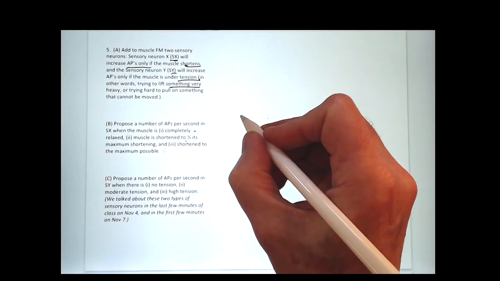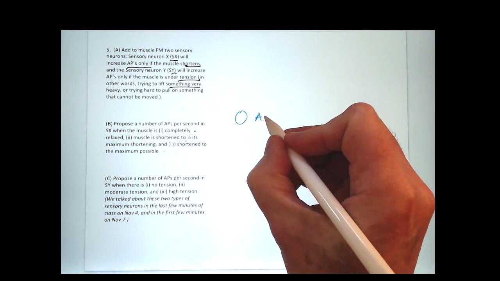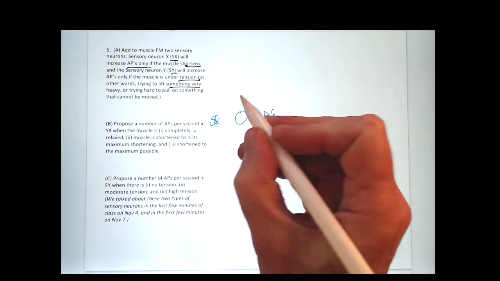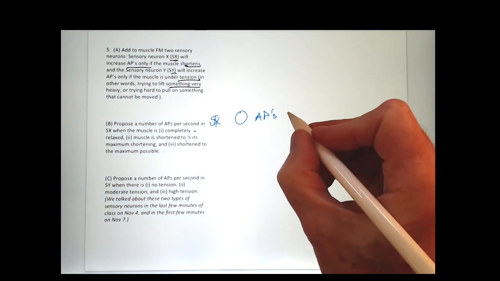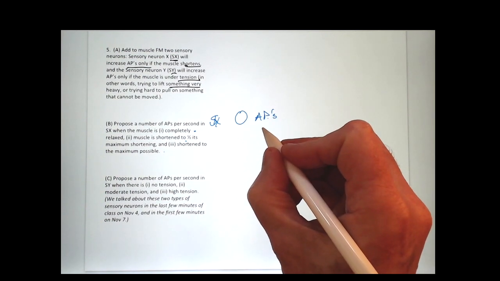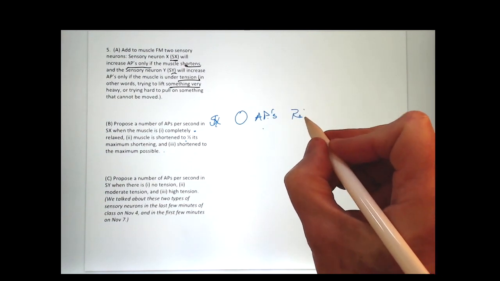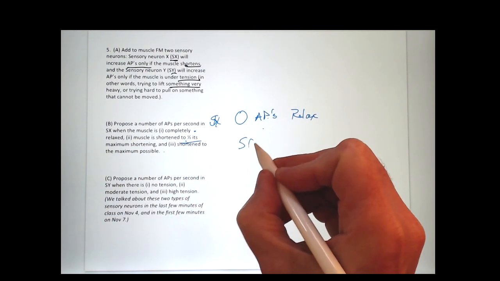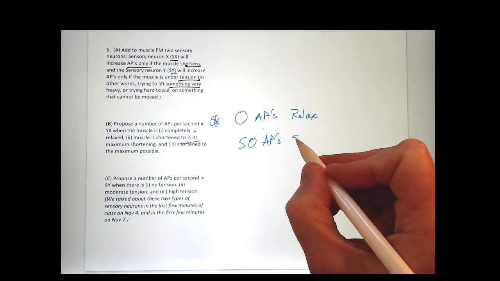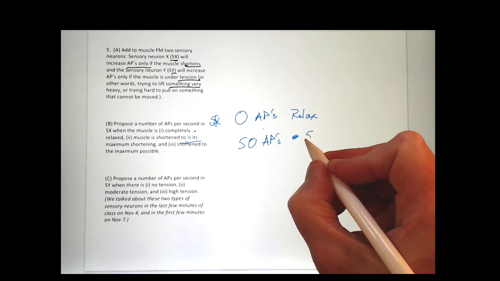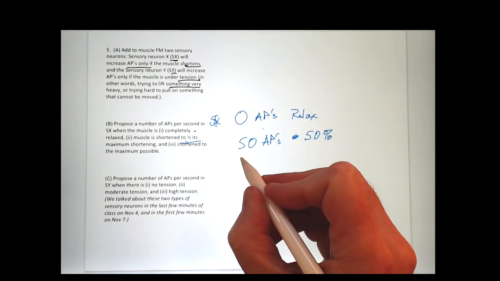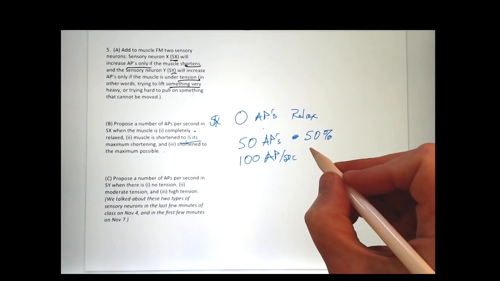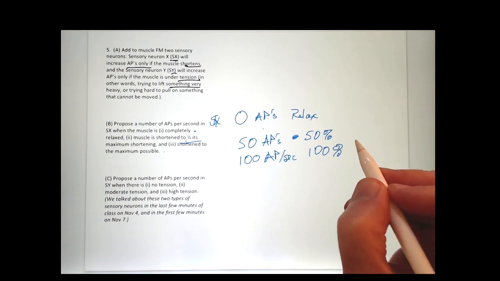So we might decide that 0 or maybe a few action potentials per second in SX when not shortened, when it's completely relaxed, shortened to 1/2 its maximum shortening, maybe 50 action potentials at 50% of its maximum, and 100 action potentials per second at 100%. That's as short as it can get, as contracted as it can get.